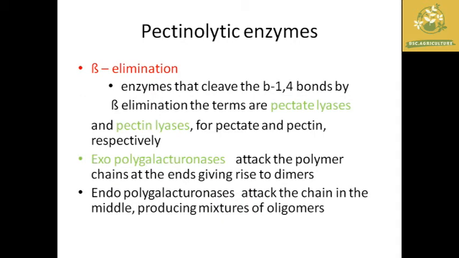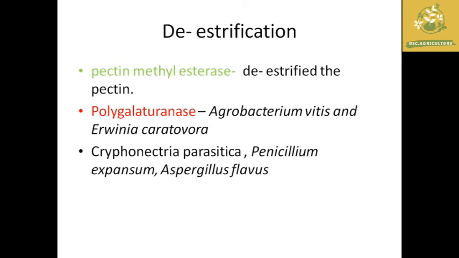So with the pectinolytic enzymes, there is mainly a beta elimination process that takes place, as well as exopolygalacturonase, used to attack the polymer chains at the end, giving rise to dimers. As well as endopolygalacturonase, which attacks the chains in the middle, producing a mixture of oligomers in the host plants.